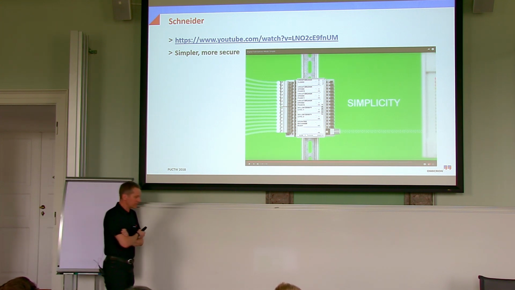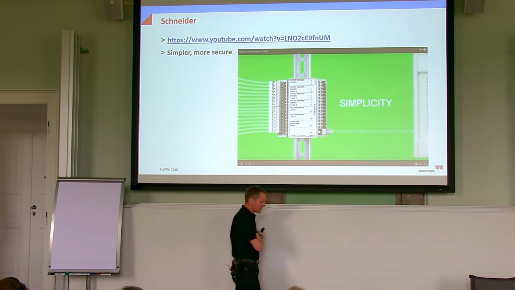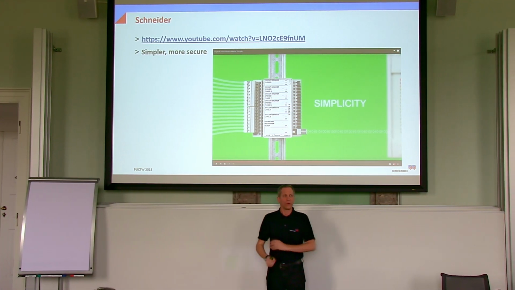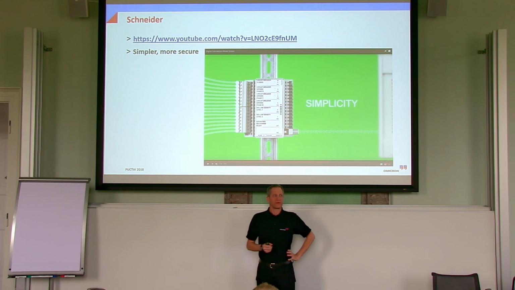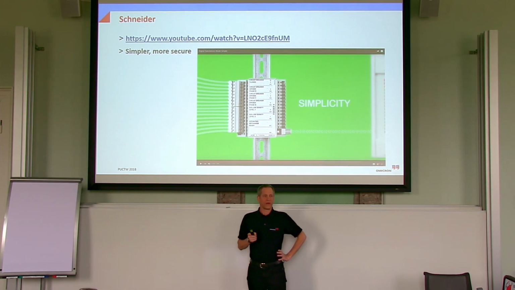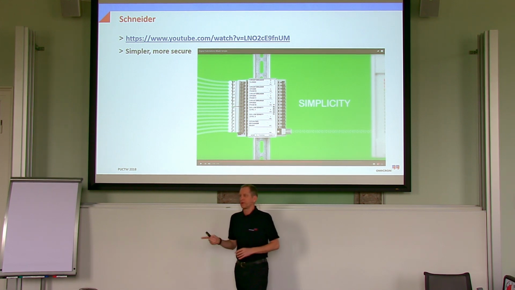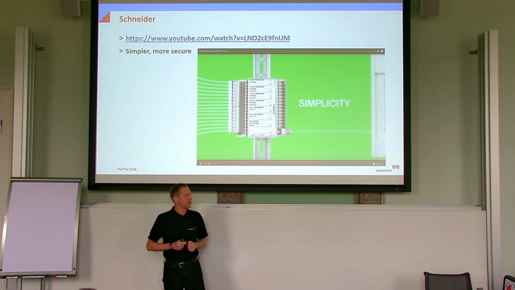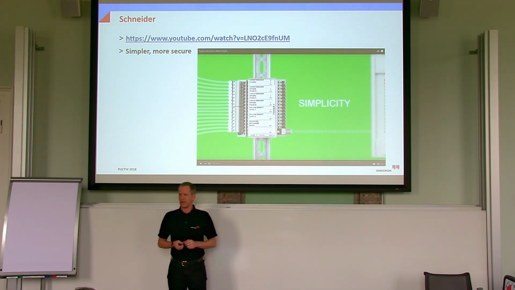And I have to refer to a conversation that I had more than 10 years ago with a person from the Deutsche Bahn. The Deutsche Bahn runs its own 110 kV transmission network for their 16.7 hertz energy for the train. And they have a lot of substations for that.